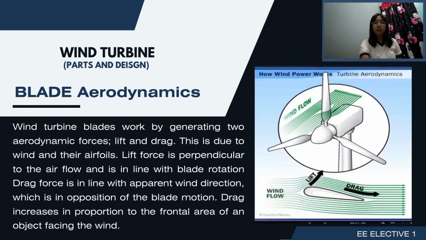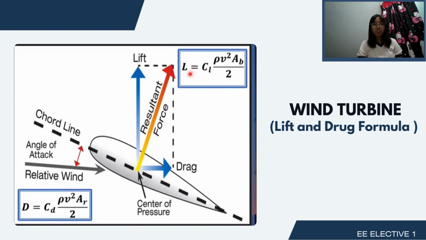So let's tackle about the formula. So this is the formula for lift force. CL stands for coefficient of lift, P stands for wind density, V squared stands for velocity of the wind, AB stands for area of the blade, over 2. While this is the formula for drag force.